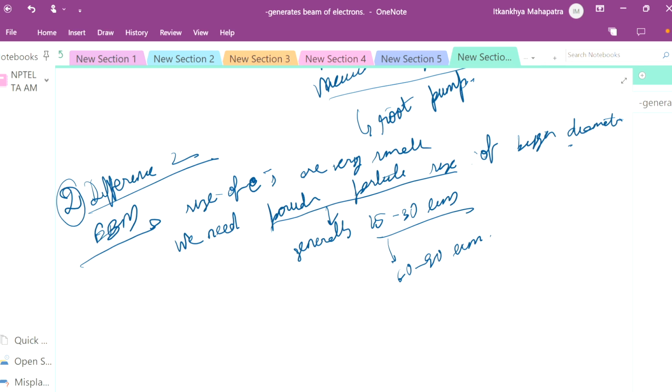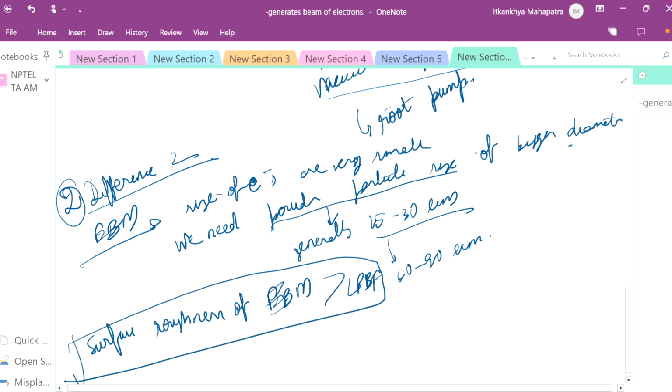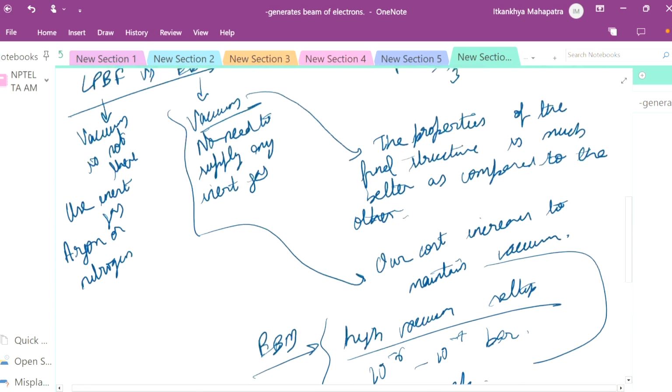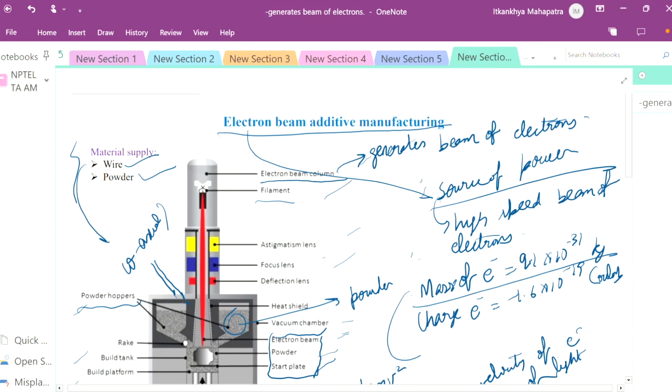So the surface roughness of EBM is higher as compared to LPBF. This is one more major difference, and this is very important. Okay, so these were the two main differences between EBM and LPBF.